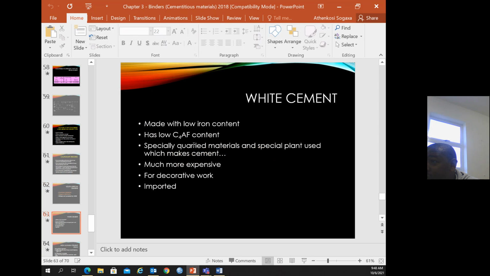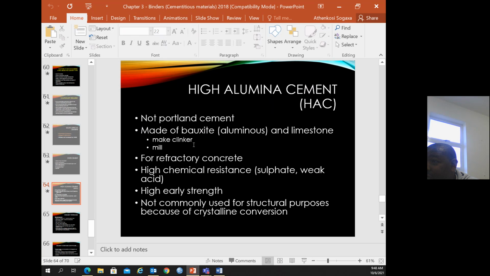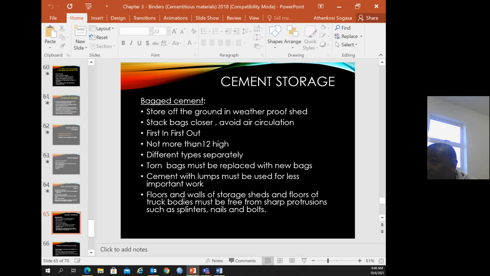So you've got white cement and high alumina, but I'm not interested in that. I'm also interested in the storage of the cement, which is storage underground in a weatherproof shed. Stack bags close, avoid air circulation, first in, first out. So the first one that you put in must be the first one that you take out, because otherwise it will stay there for so much time.